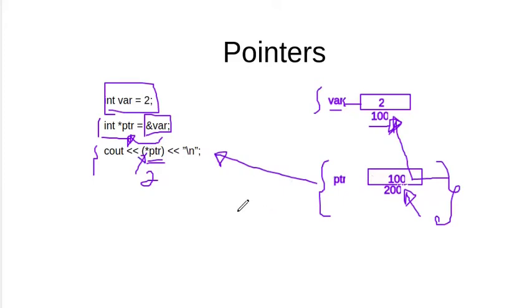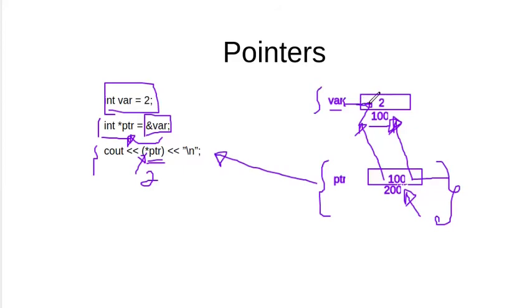The pointer is holding the address 100, so we go to that address and print whatever value is present there. Similarly, go to the address the pointer is holding and move inside whatever is present at that address.